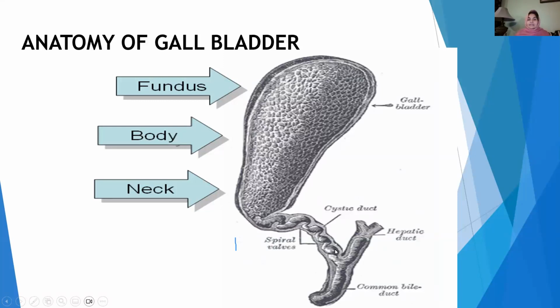Then this cystic duct joins the common hepatic duct. The cursor is at this point, which proximally goes towards the limbs of the Y, the hepatic ducts, the right hepatic duct and the left hepatic duct, draining the right and left side of the liver. So from the porta, the right and left hepatic ducts come out.